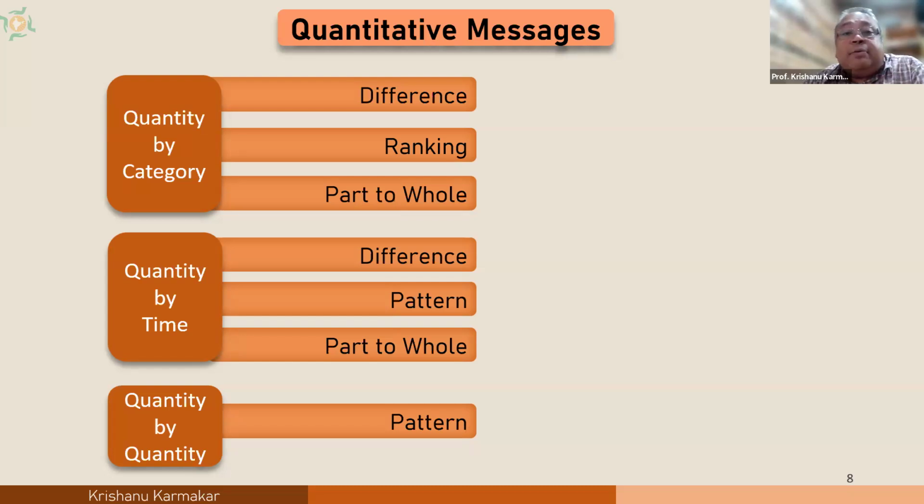Now, I told you that earlier we saw in a slide that different types of attributes are good at representing different types of quantitative messages. So let's see which type of these messages can be well represented, or well encoded, by which type of attribute.